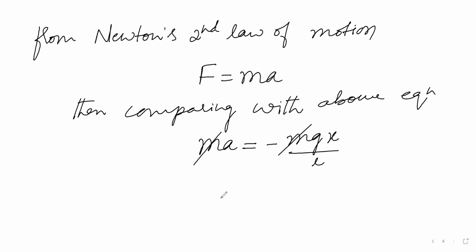Then we can write a equals minus g into x by L. And then again, further we can write it where omega square equals g by L. Then the above equation can be written as a equals minus omega square into x.